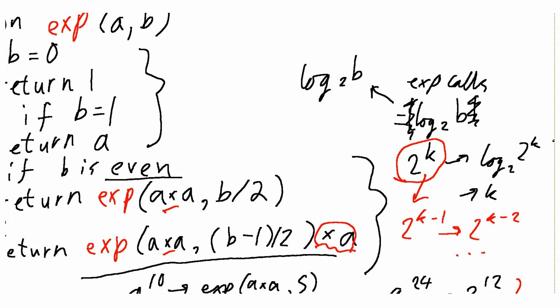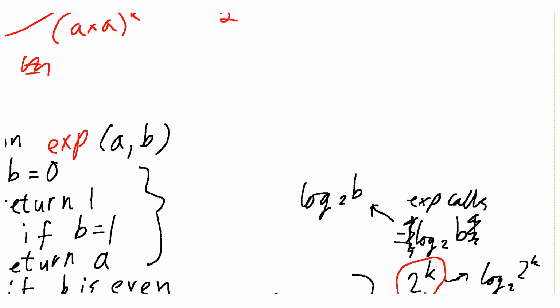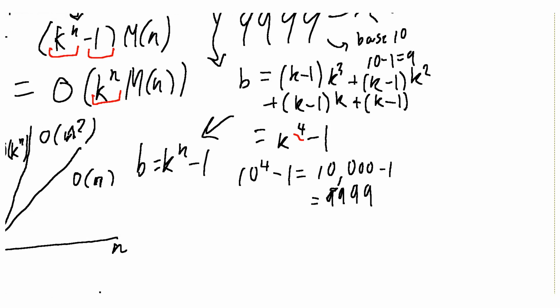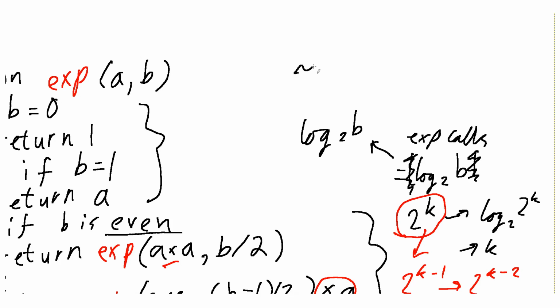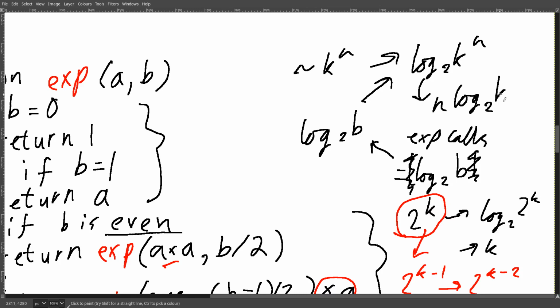And what is that equal to in terms of n? Well, we discussed before, in the worst case, the amount of digits in b is approximately equal to k to the power of n. So we can say, in the worst case, we have log 2 of k to the power of n, which is the same as n times log 2 of k, exp calls.